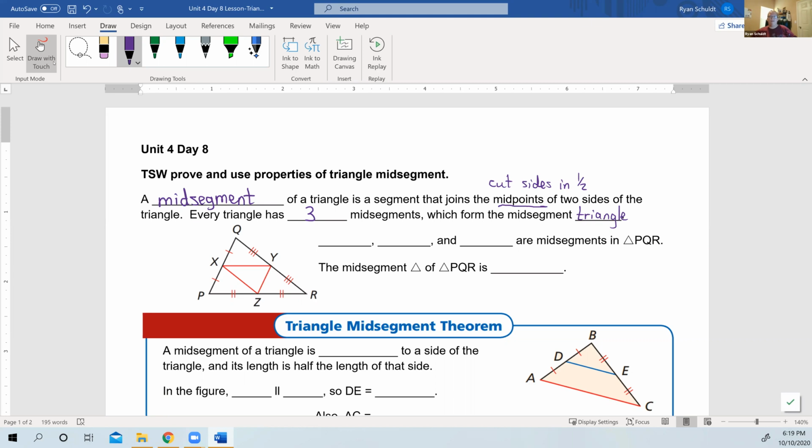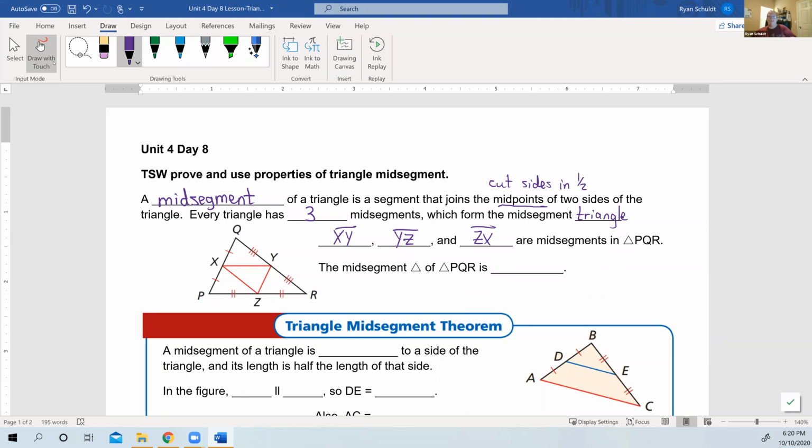If we look at this picture here, you'll see that XY, YZ, and ZX are midsegments in triangle PQR.